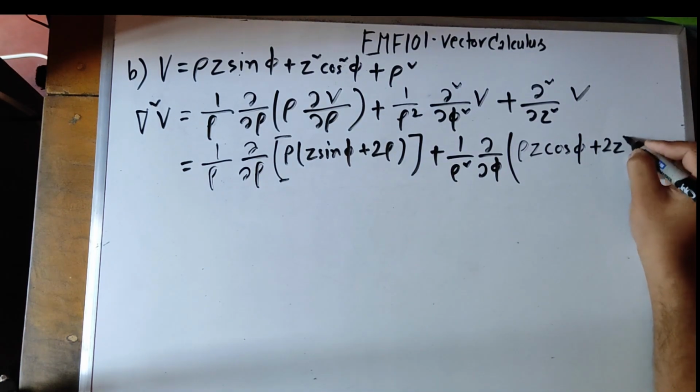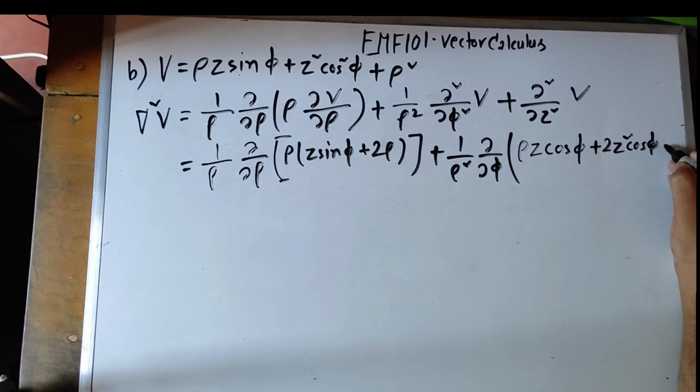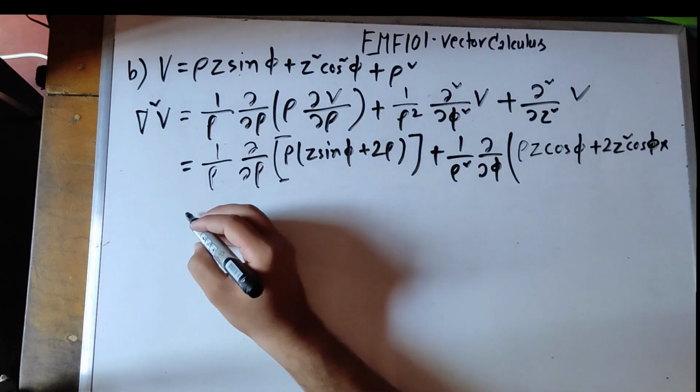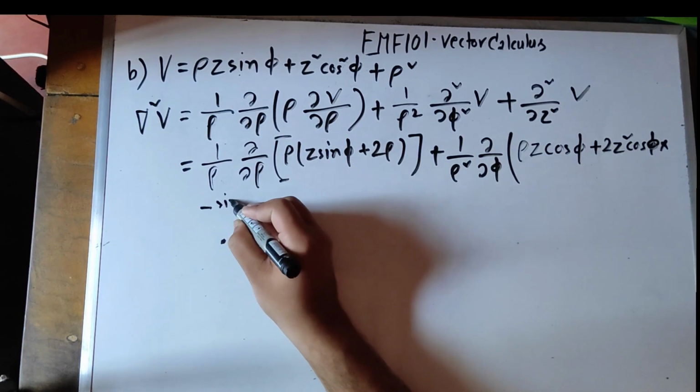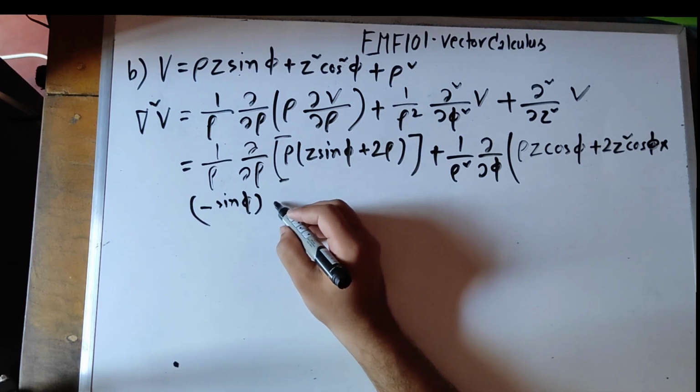so 2z square cos phi cross minus sine phi plus 0.